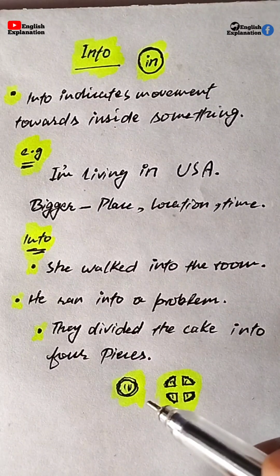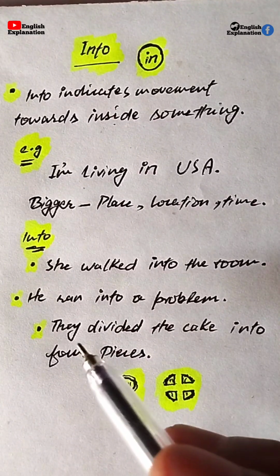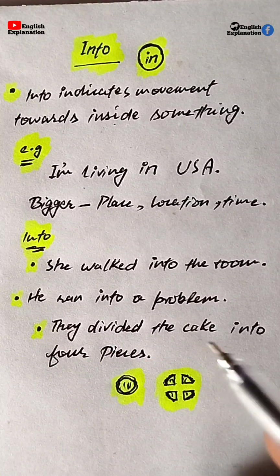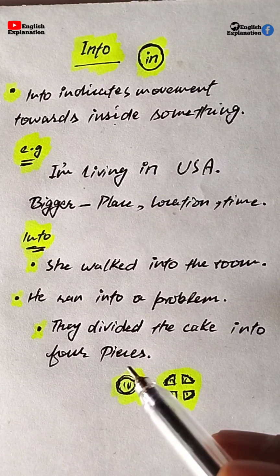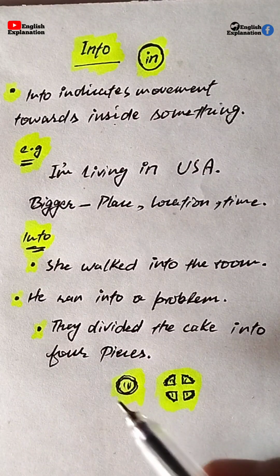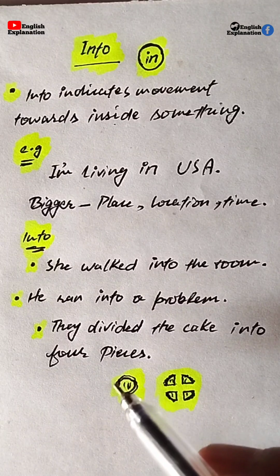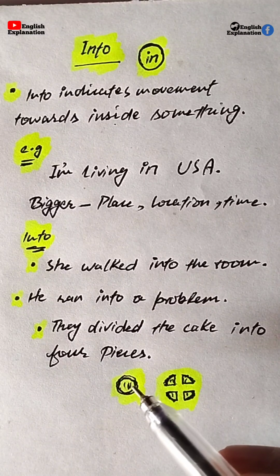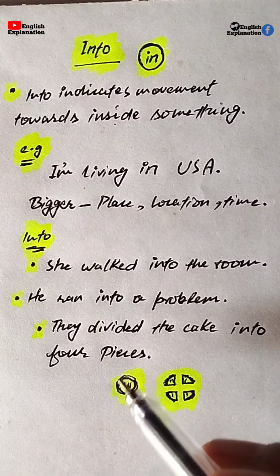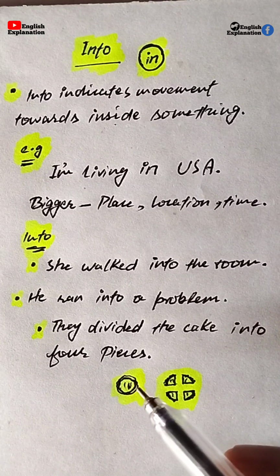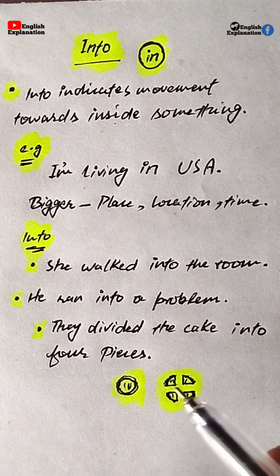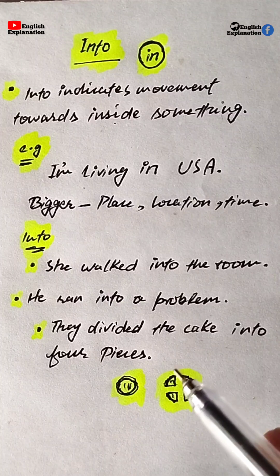I will make it clearer here. You can see they divided the cake into 4 pieces. Here you can see a cake. It's a single piece, a single form or state. Then we divided it into 4 parts.